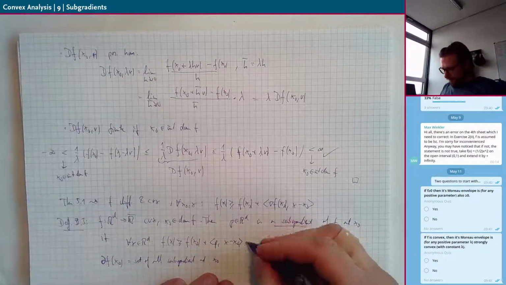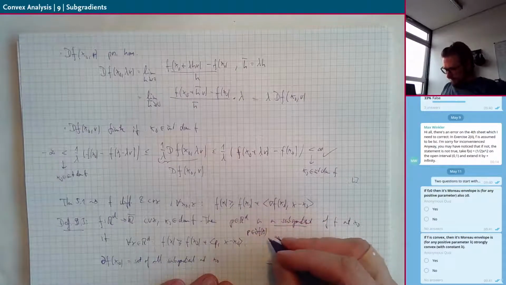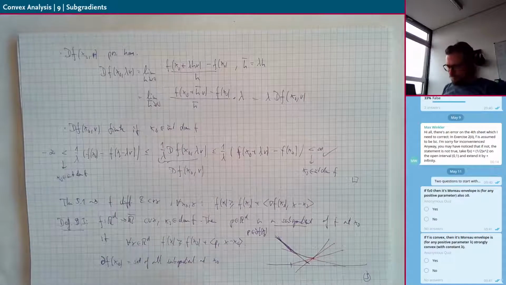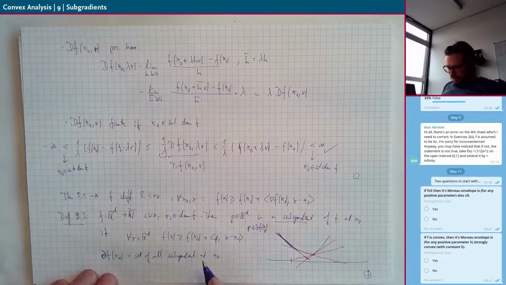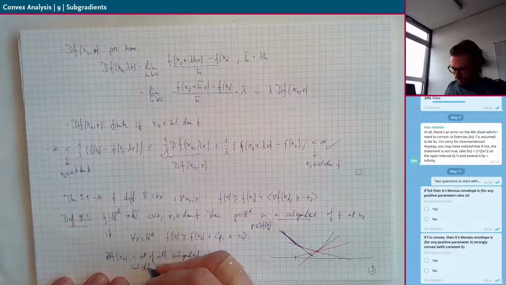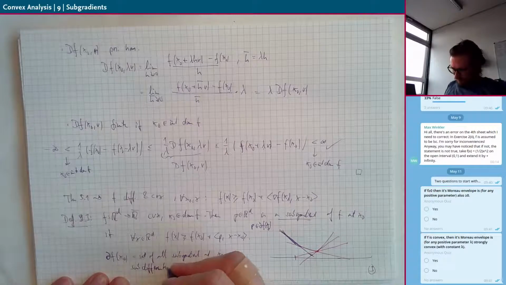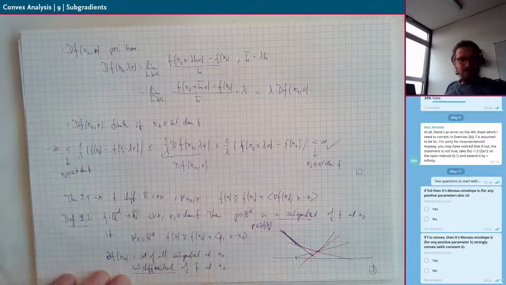So if this holds, you would write p is an element of the subdifferential of f at x0. This set is called the subdifferential of f at x0.